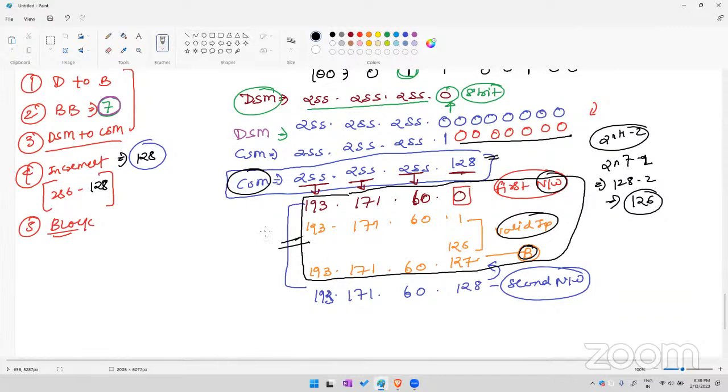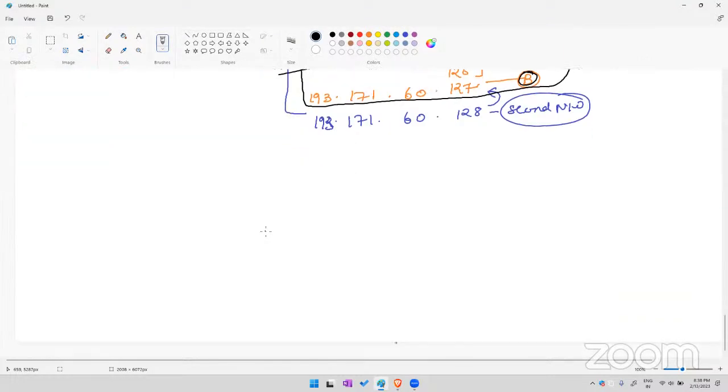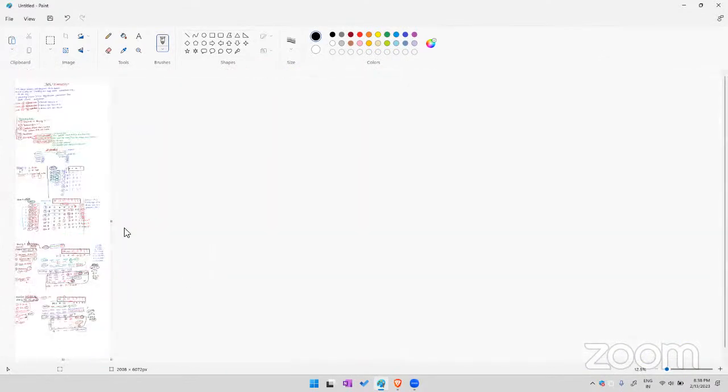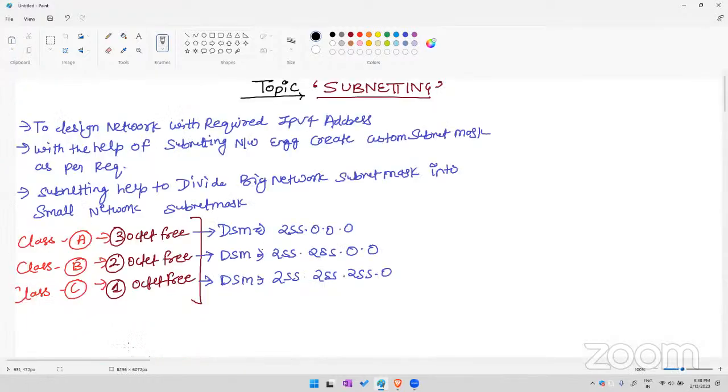Now we need to jump to class B, class A. So before performing class B subnetting or class A, some basic scenarios must be clear. Now verify. So in class B, how many octets are we getting free?